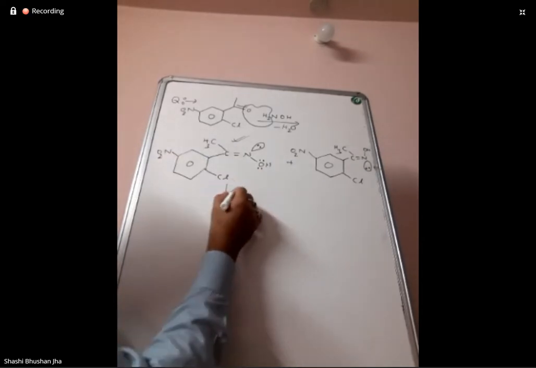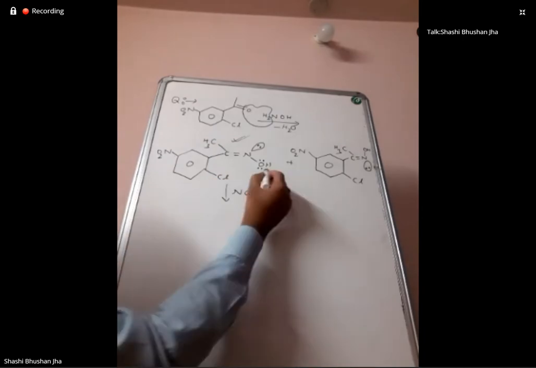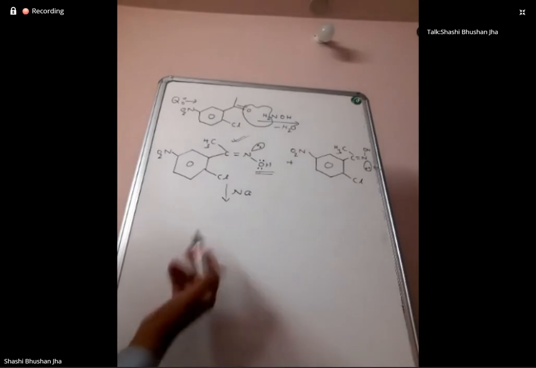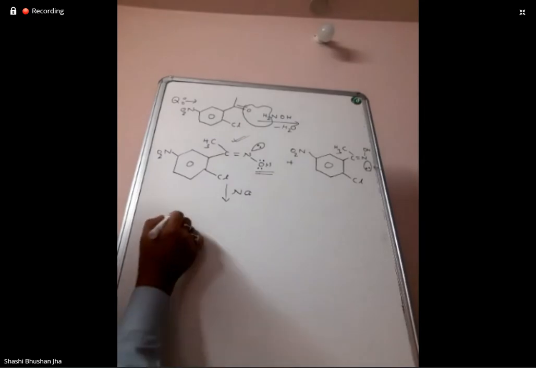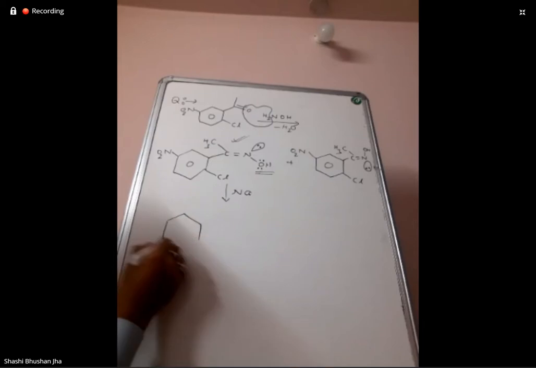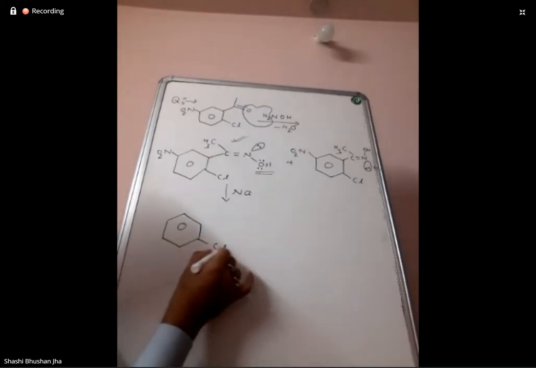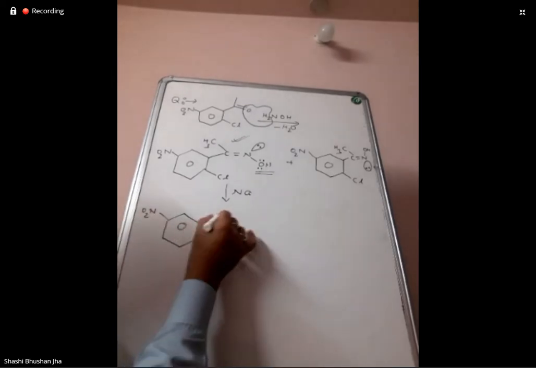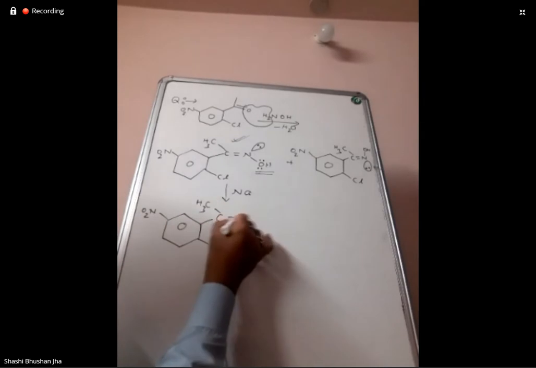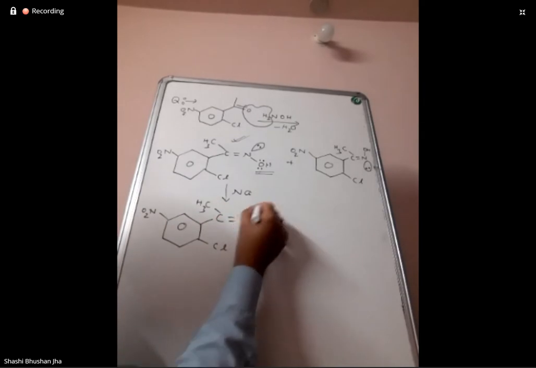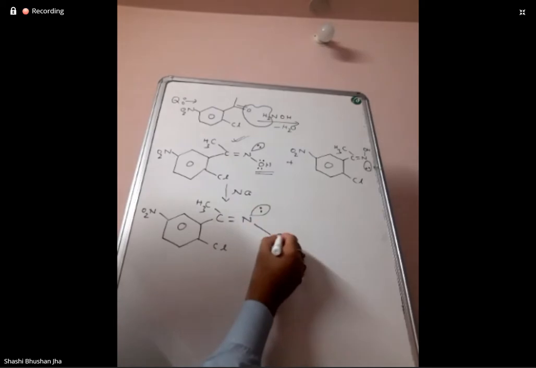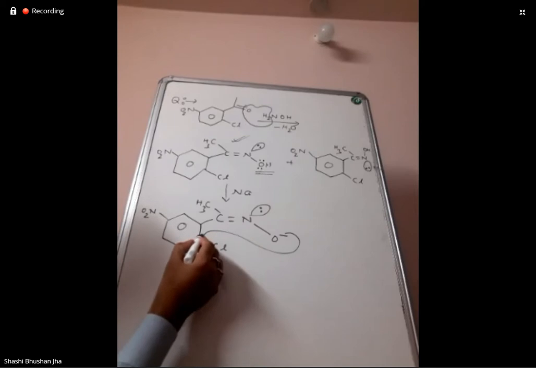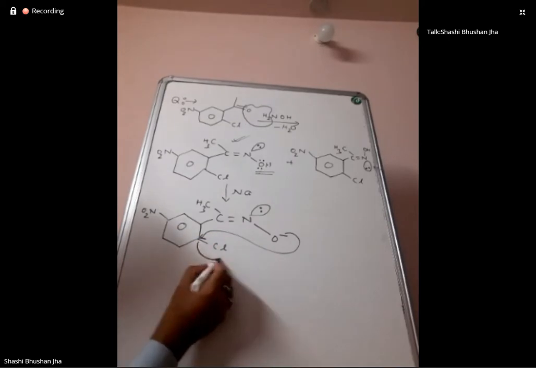Now see, when it is reacted with sodium, it is the OH group which is going to react with sodium. You know, alcohol reacts with sodium and forms alkoxide. So on reaction with sodium, it will first form alkoxide. Now this alkoxide will attack this carbon atom of the benzene ring and this chlorine will be replaced.